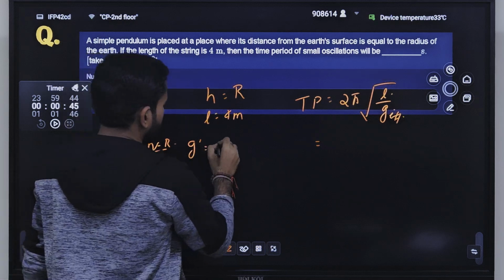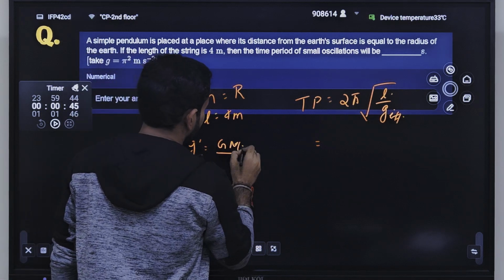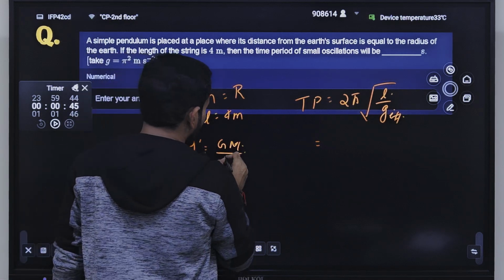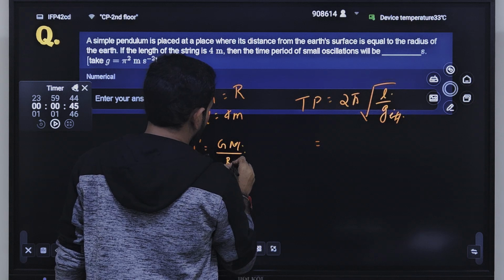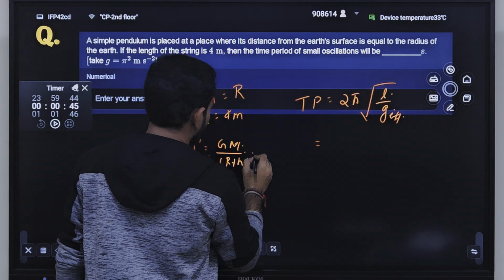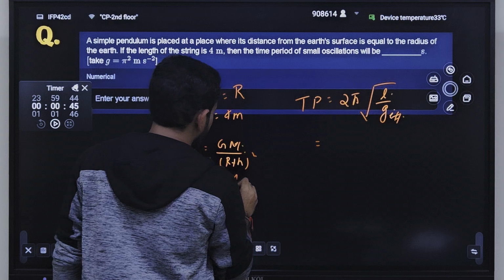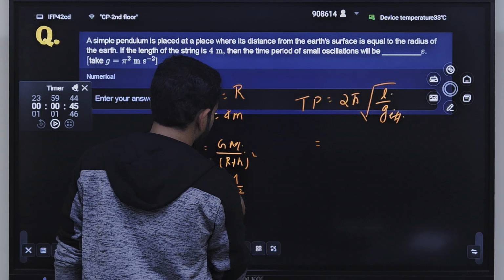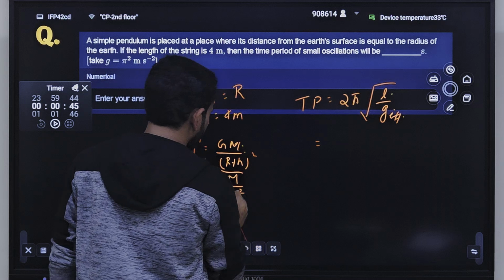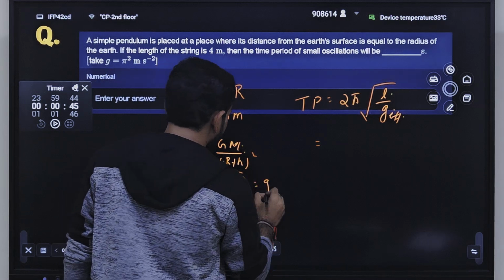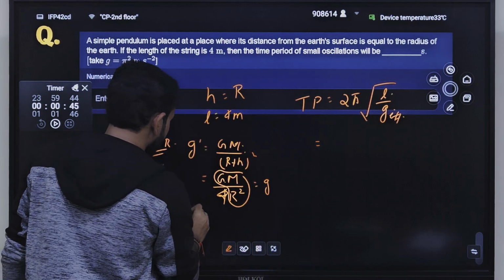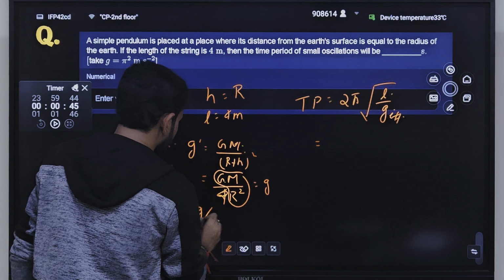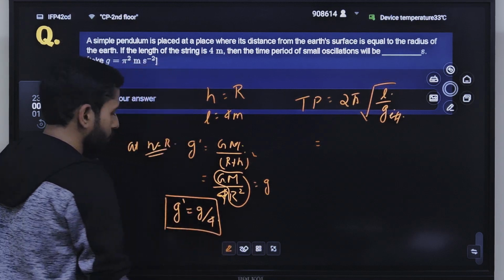G dash. G dash will be nothing but GM divided by R plus H whole square. That means that can be written as GM divided by 2R square. That means it will become basically 4. And this GM by R square is nothing but equal to G. That means G dash is equal to G by 4.